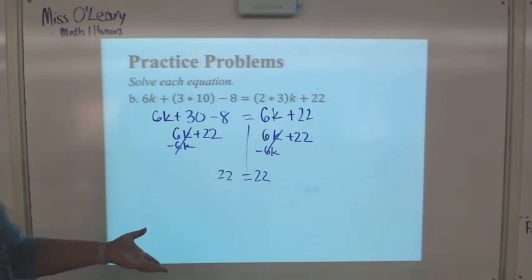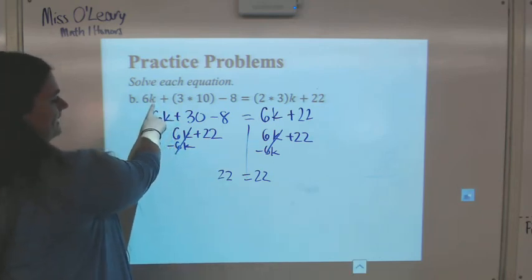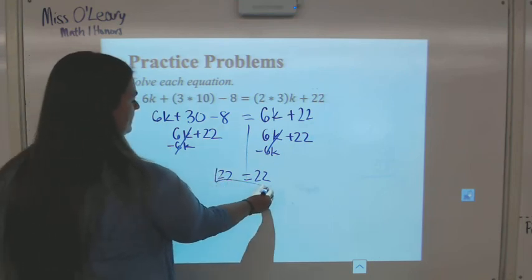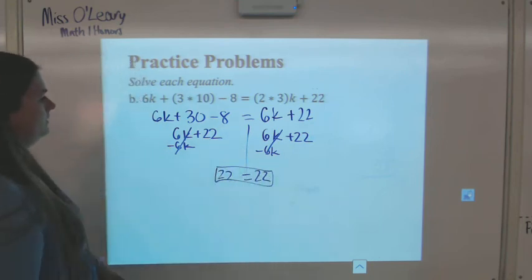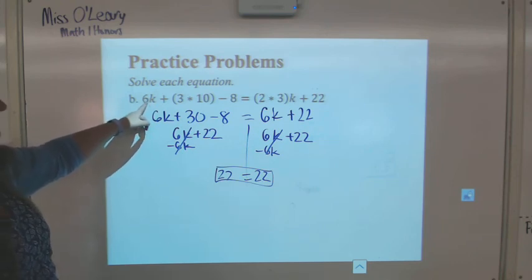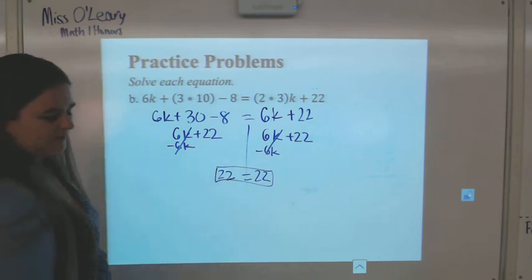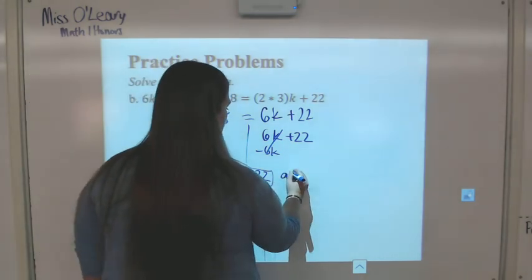Well, that's an identity. At this point, I know that no matter what I put in for k, 22 is always going to equal 22. So k could be 10,000, k could be -4, k could be anything. Any real numbers would make this a true statement. So my final answer is that the solution set is all real numbers.